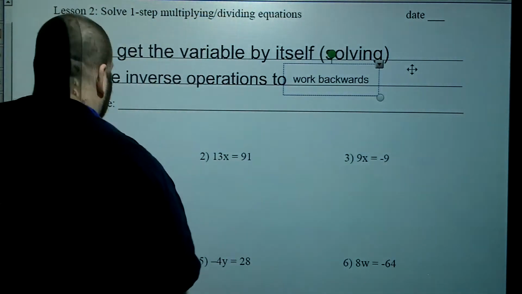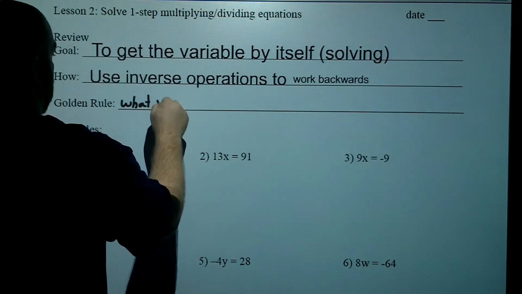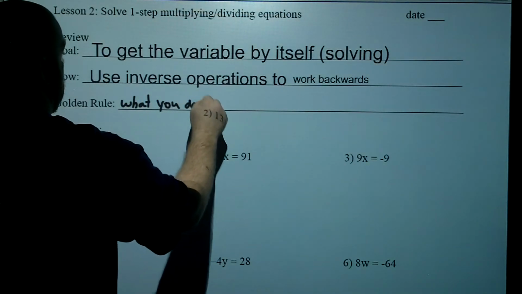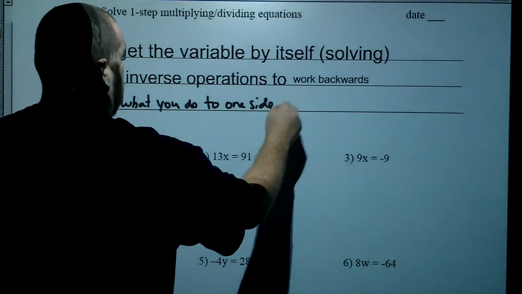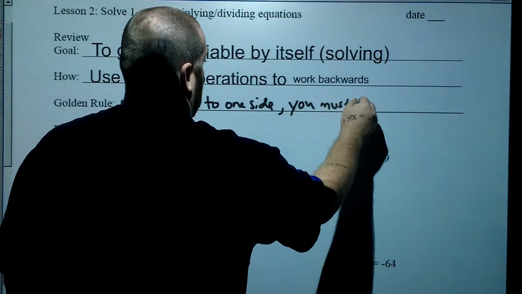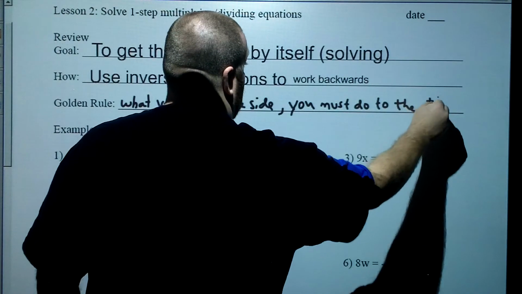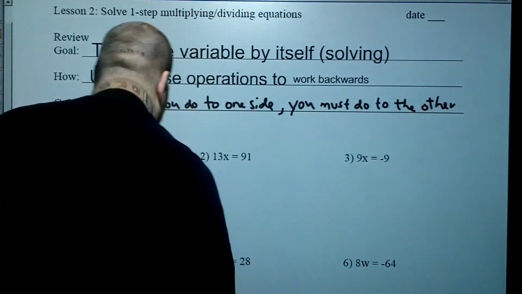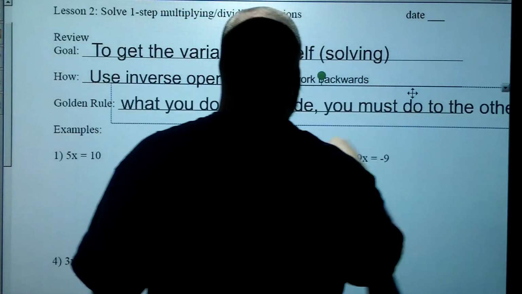Golden rule, we recall: what you do to one side of the equation, you must do to the other. So again, this is like a seesaw. Whatever we do to one side, we've got to do to the other side in order to keep that seesaw balanced.